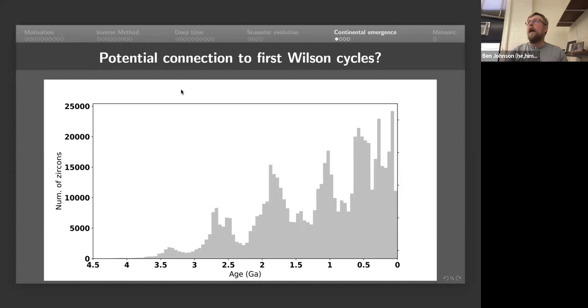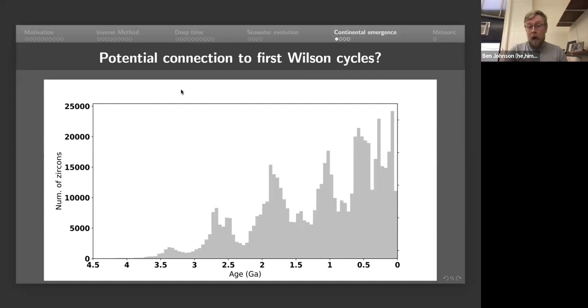It's worth pointing out too that the question of continental emergence is deeply intertwined with the generation of continental crust, the material. You can't obviously have emergence without continental crust, but they're slightly different questions. You can generate granitic rocks that don't get exposed subaerially. So they're super related, but it's a slightly different question.